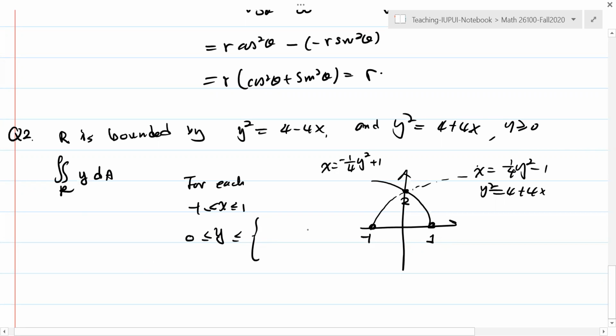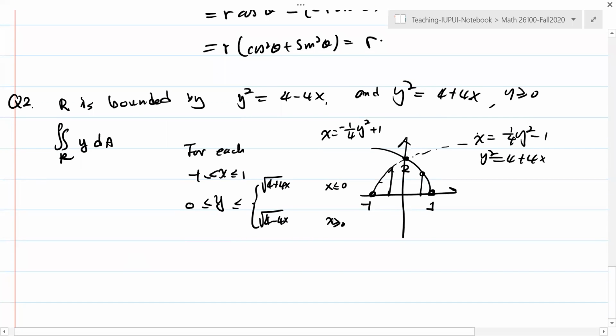When x is negative, using vertical lines, you have to use this one, so y is going to be the square root of 4 plus 4x. When x is positive, you use that piece, so it will be the square root of 4 minus 4x. So now it's a piecewise defined function.